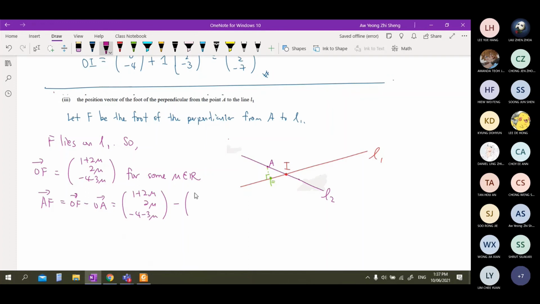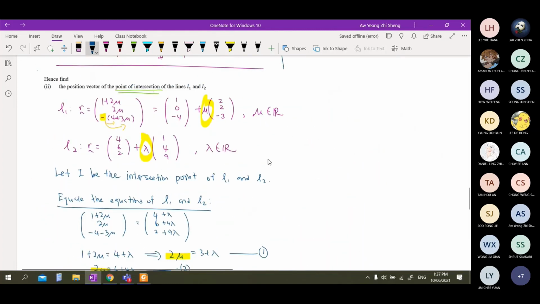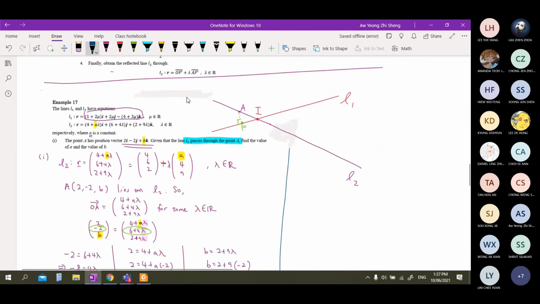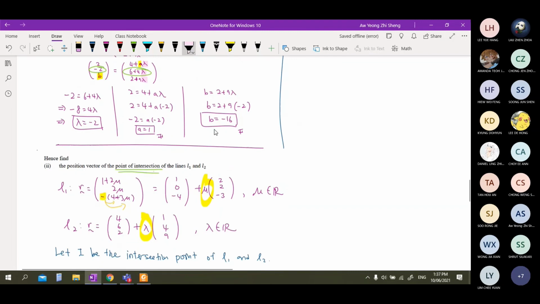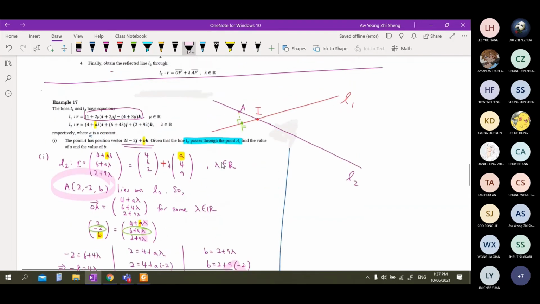Point A, we also have the coordinates already. Earlier at part 1 we said point A has coordinates 2, minus 2b. And what is b? B is minus 16.